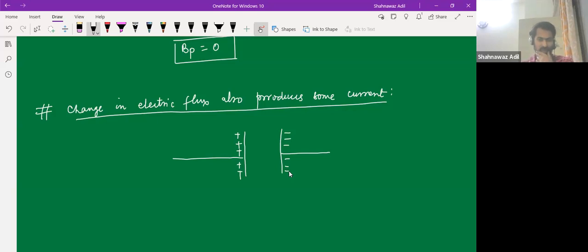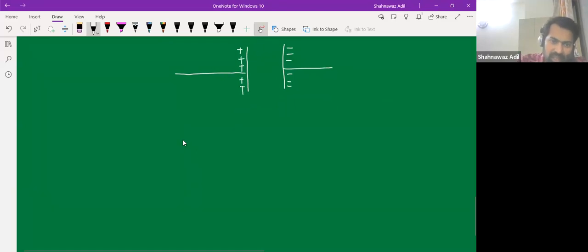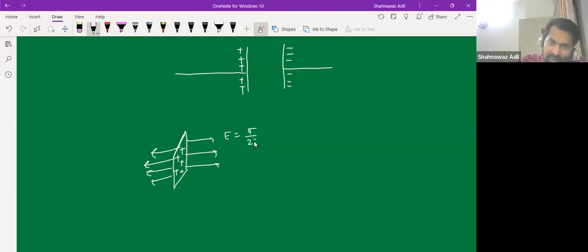So again, we'll have to go back to the first chapter. So these are two plates, right? And you will understand that for the case of this positive plate, the electric field would be coming out of this plate. That is equal to sigma by 2 epsilon naught.